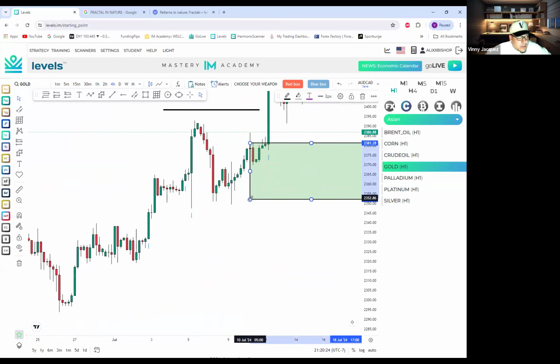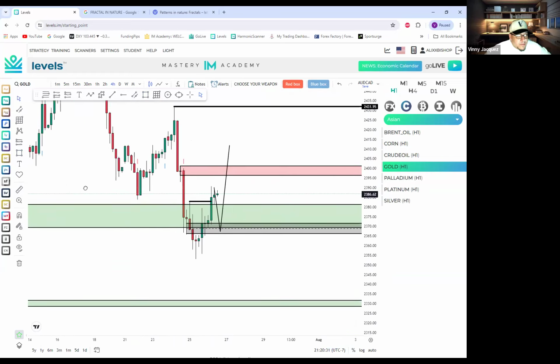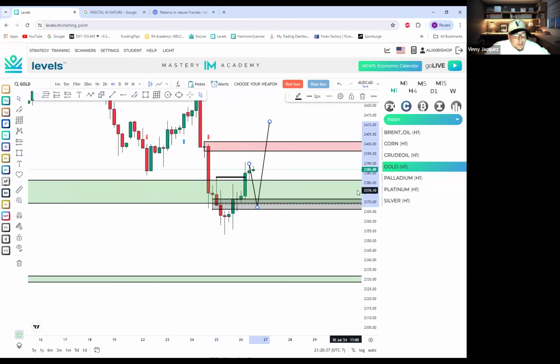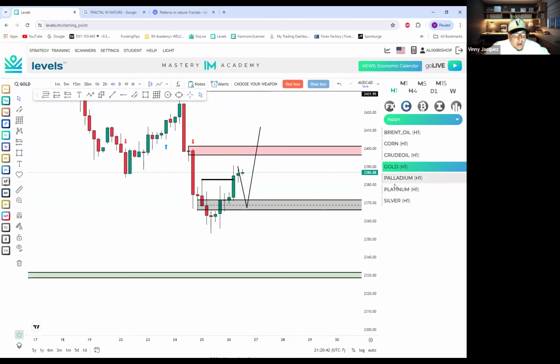Let's tighten this up so it's not so massive. Then on the 4-hour time frame, we have a starting point right here. All right. Yeah, so don't be surprised if this gets clapped again, guys, because silver has a ways to go. Let's just delete this.